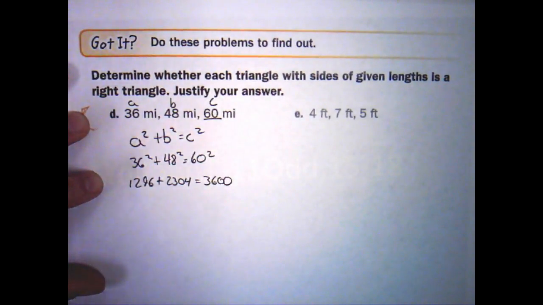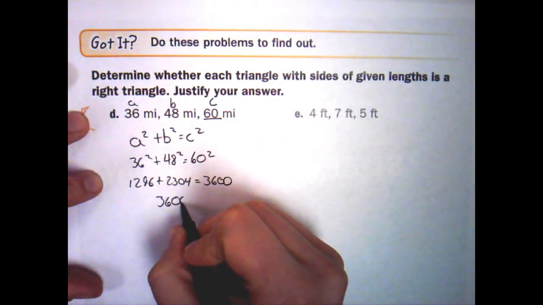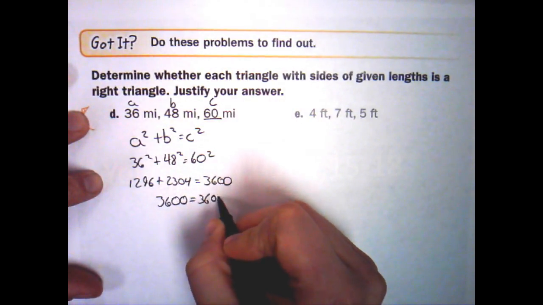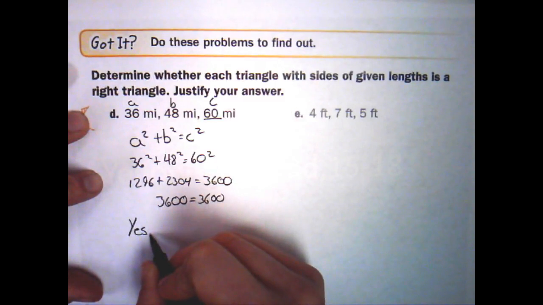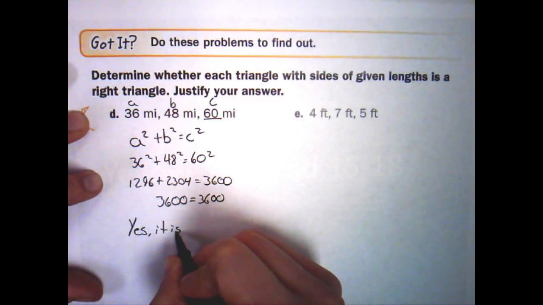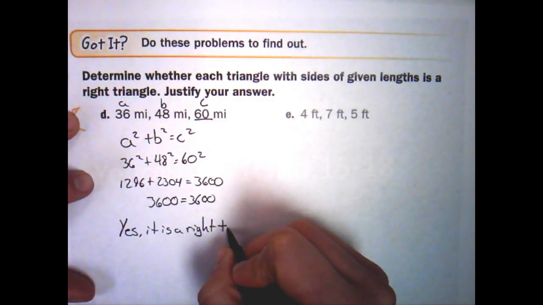So I take 1296 and I add it to 2304, and I get 3600. Does 3600 equal 3600? Yes, it does. So is it a right triangle? Yes, it is a right triangle.